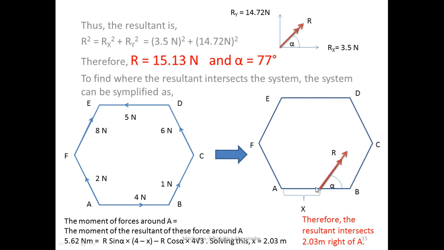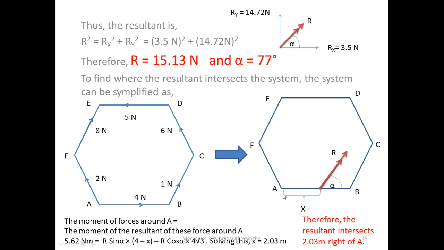Actually, if I was not asked to find the value of r here, I don't have to calculate r, because in any case I'm going to decompose these forces in the horizontal and the vertical directions. So if I know the values of rx and ry, you know that r cos alpha is rx and r sin alpha is ry. So r cos alpha goes through A, so I can ignore that effect. R sin alpha doesn't go through A, so r sin alpha creates some moment around A. So I know that r sin alpha is actually ry.